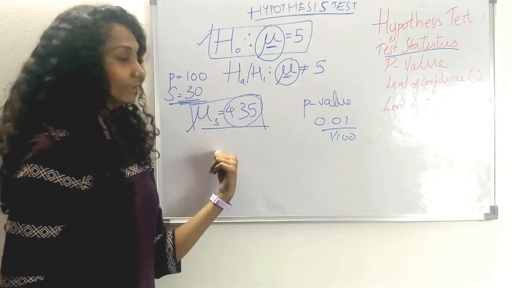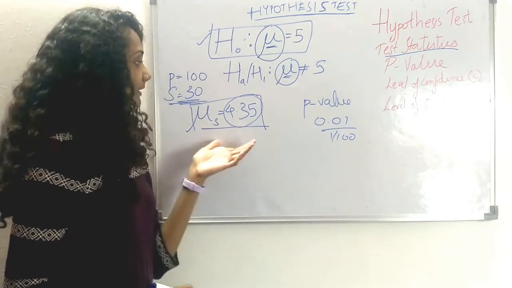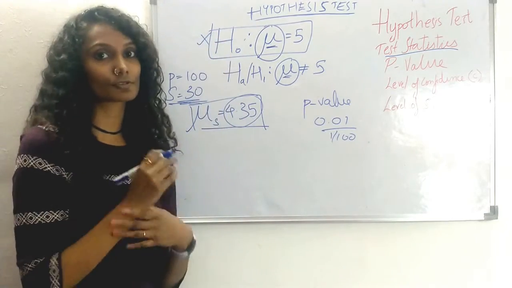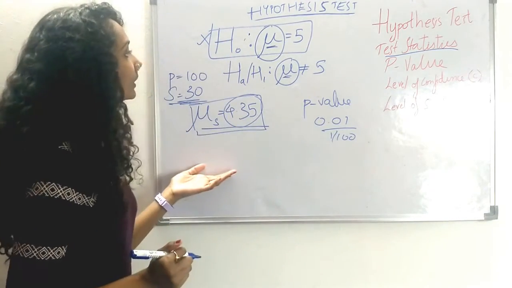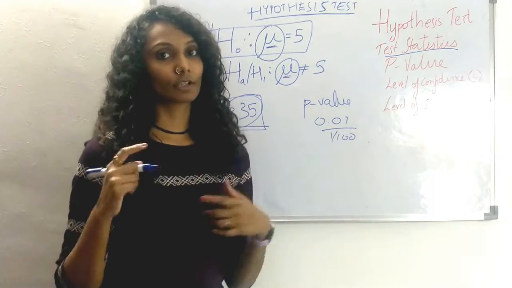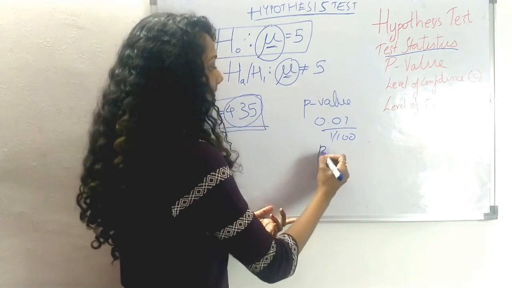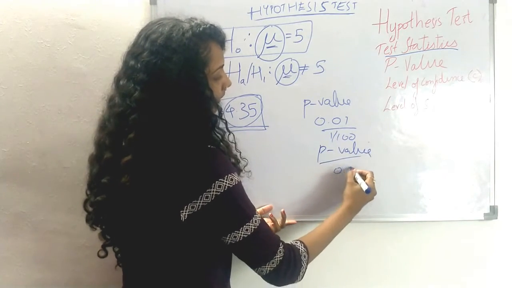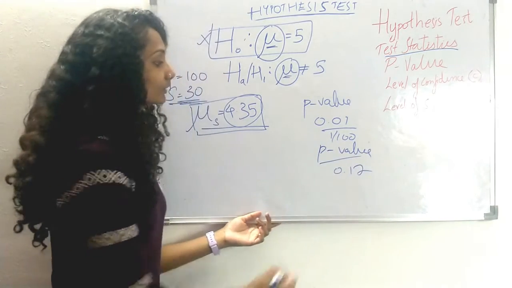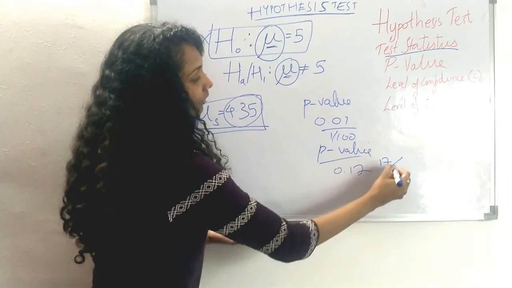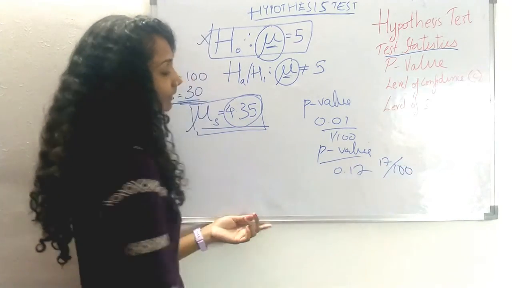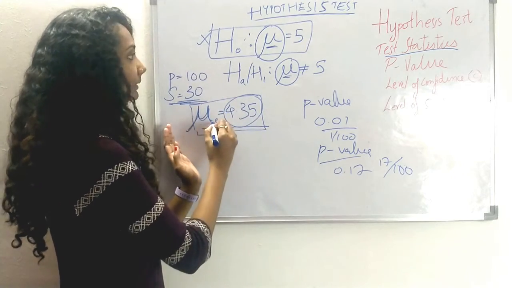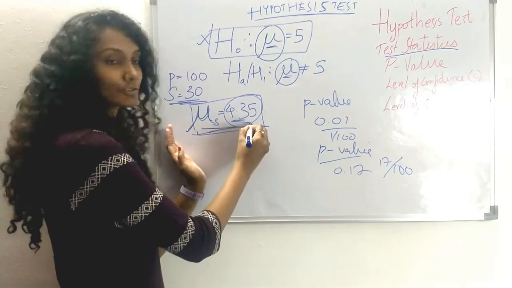Because the probability is very less and we still got this, we can say that the null hypothesis is not true. So let us consider another case when this p-value is not very less, and say it is 0.17. That is, 17 out of 100 times we might get this sample test statistic value to be this much.